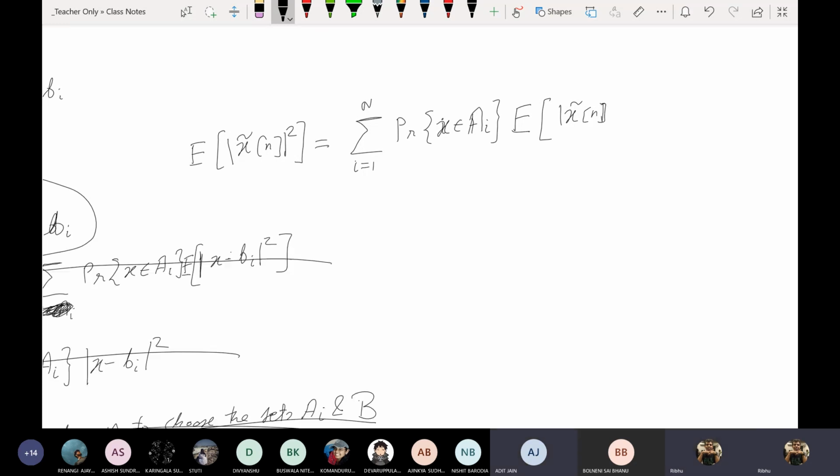Sir, in the right hand side, there's an expectation because x is a continuous random variable.